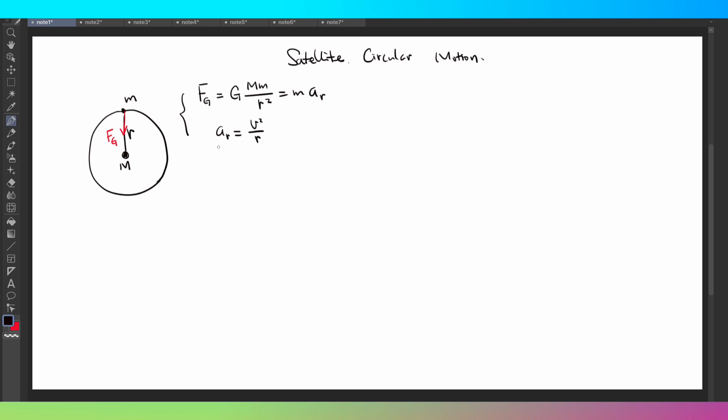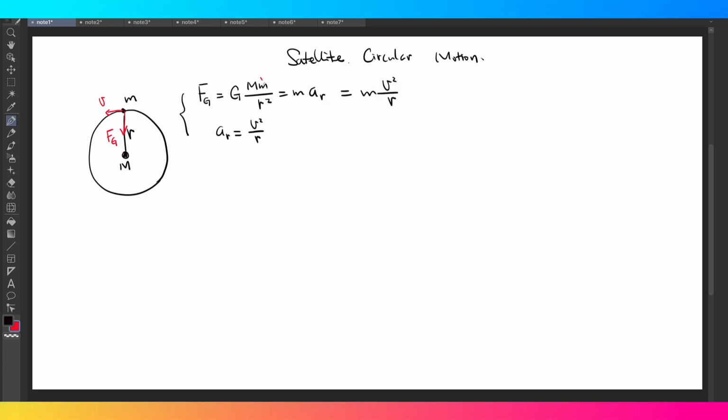So now let's say I want to figure out the speed of the satellite at this instant. What's the speed v here? Now I can plug in the first equation, a_r's expression. So we get m v squared over r.